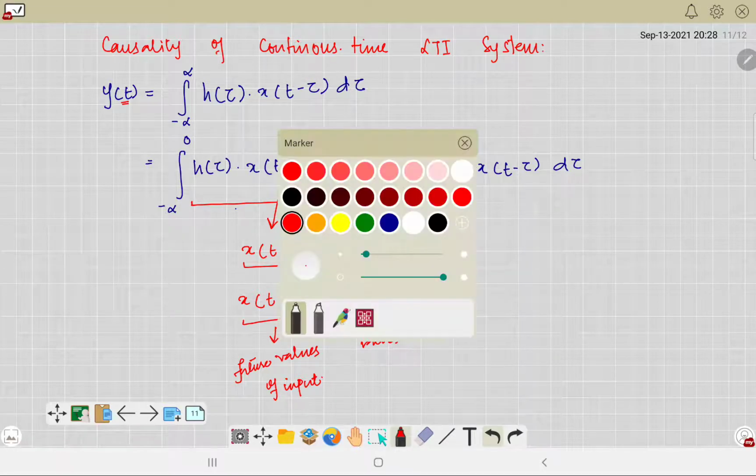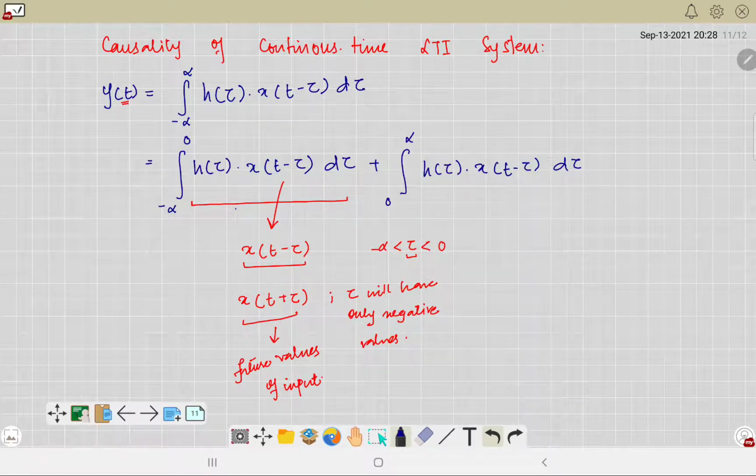Now from the definition, a causal system only has dependency on the current input, that is x of t, and the past inputs, that's x of t minus tau. Now this integral clearly indicates the presence of future input values, right?